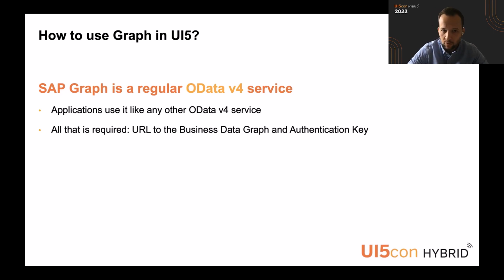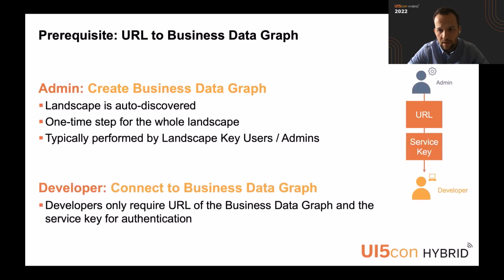So, okay, how do you get this URL to the business data graph? This is something that has to be done on a landscape level by the enterprise, typically an admin or key user. But it's not a complicated process. This admin or key user would call a one-time script that auto-discovers this landscape, proposes a configuration, and then this is your business data graph.